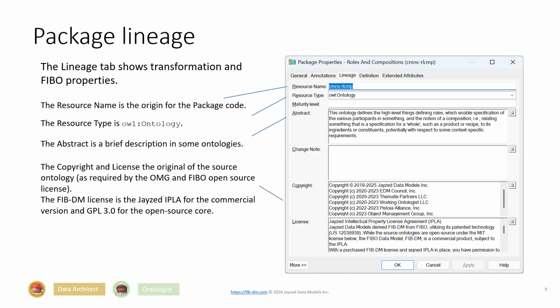If you have the open source version, it's GPL 3.0. So, important: just like FIB-DM does it with the FIBO source, ensure that your derived work retains the JZ, OMG, EDMC copyright and license notes.